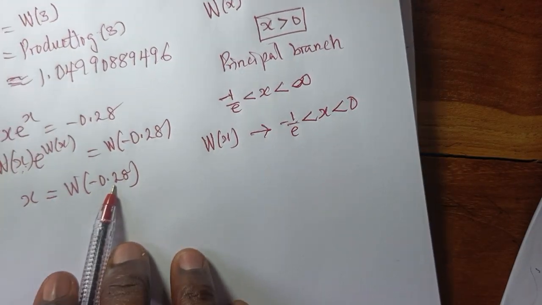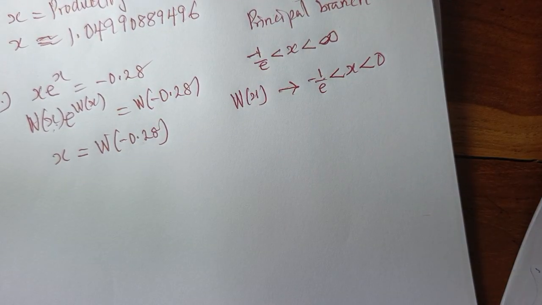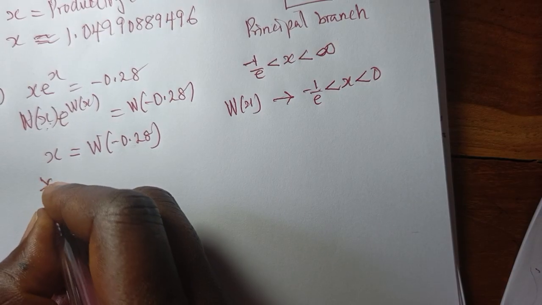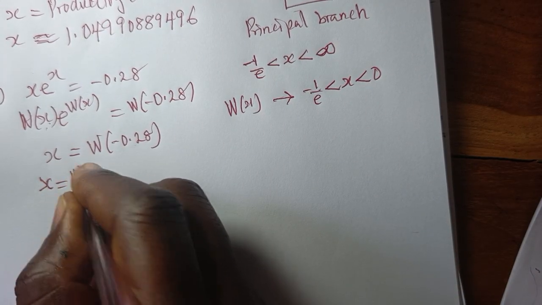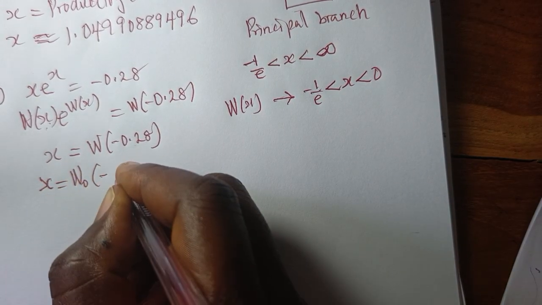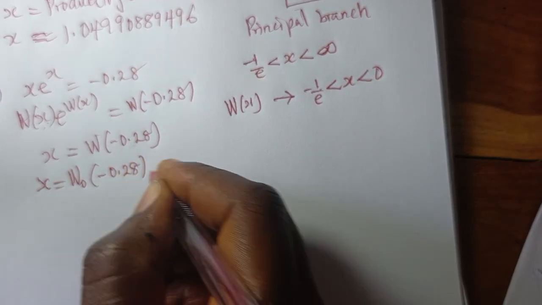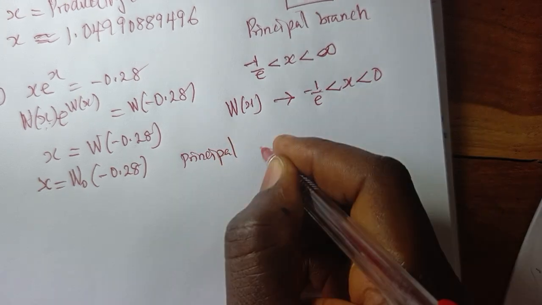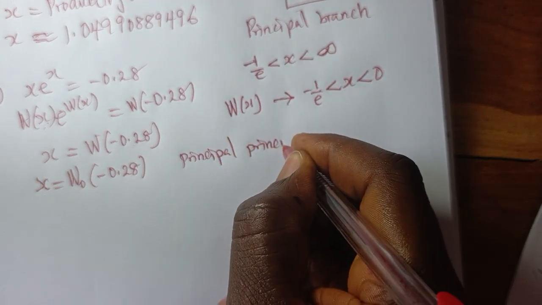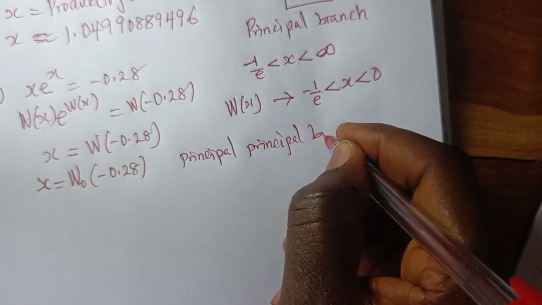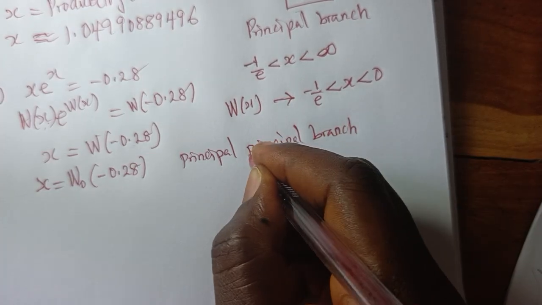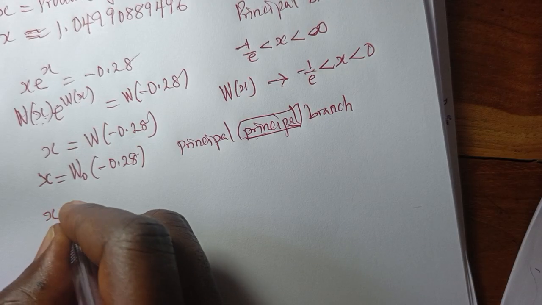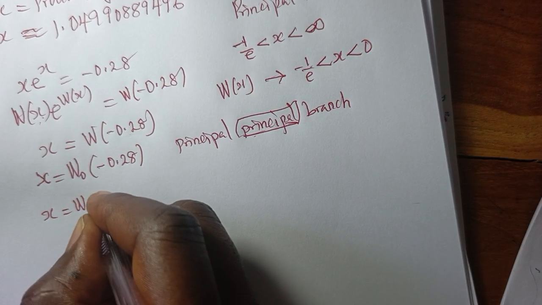So there will be two resolutions. The first resolution will be on the principal branch, that is x equals W0 of minus 0.28. Then we have another solution for the lower or negative branch.